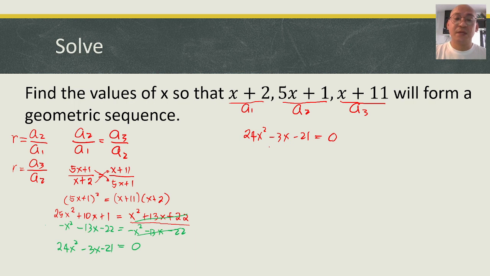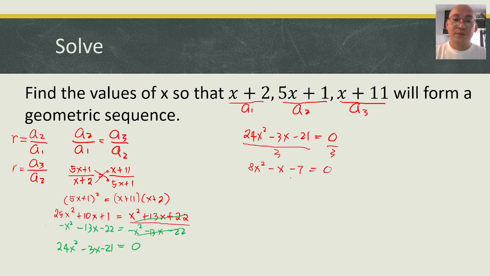This expression can be simplified by dividing all terms on both sides by 3 to make it a little smaller number. They are all divisible by 3. So divide both sides by 3. We have now 8x squared minus x minus 7 is equal to 0.